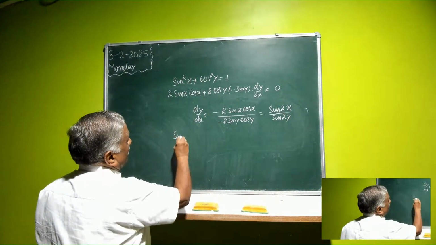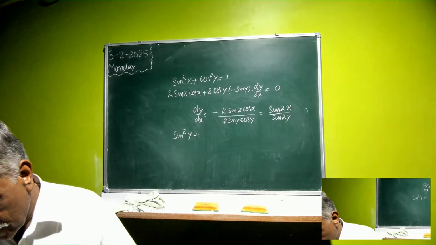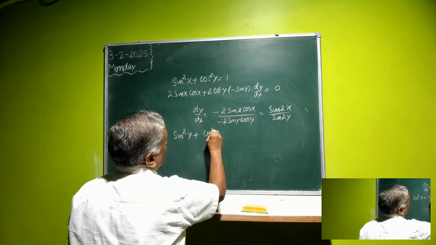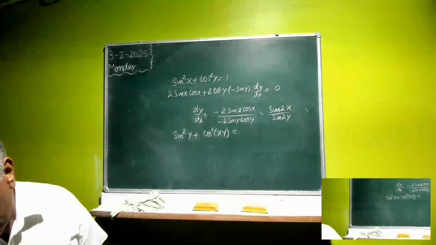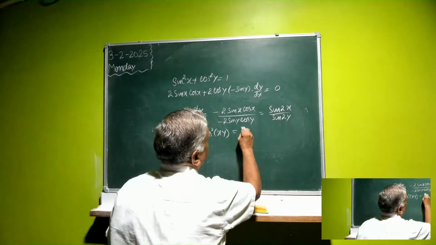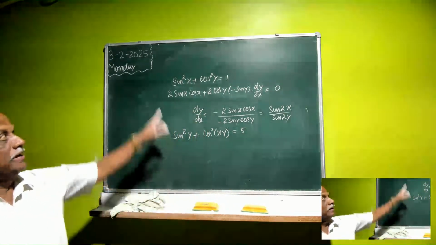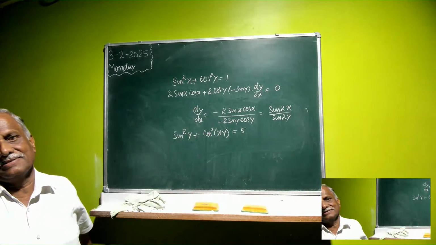Sin square y plus cos square xy is equal to 5. Where it was sin square x plus cos square y, here cos square xy is given.